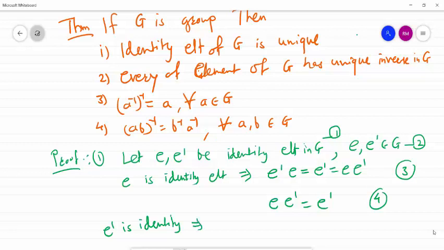So by the definition of identity element, we can write E dash E equal to E equal to E E dash. This is the definition of identity element.